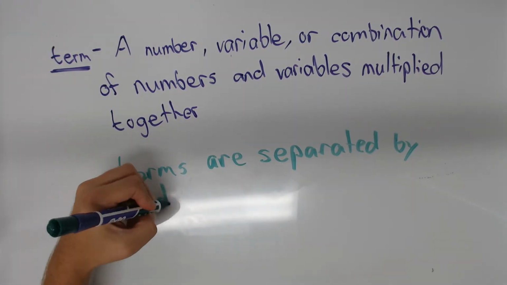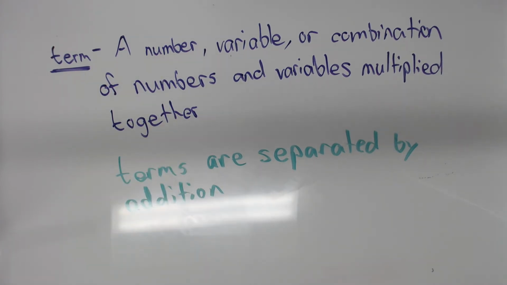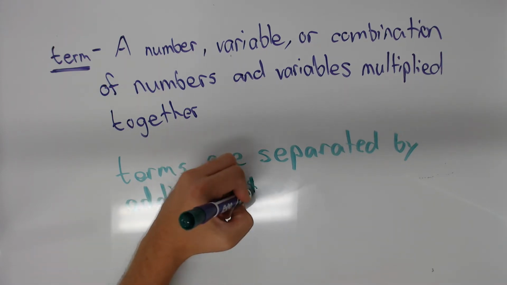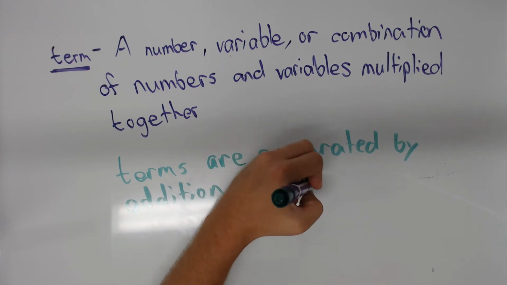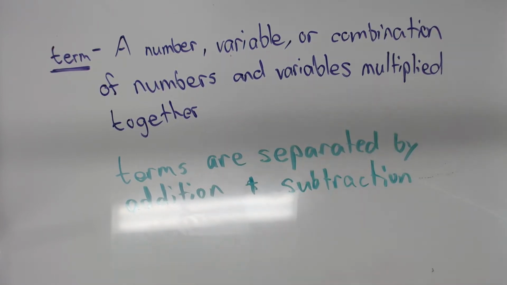With the exception of parentheses in problems, when there's parentheses, the parentheses are part of the whole bigger term. With the exception of that, addition and subtraction signs are what tell you that two things are separate terms. So we'll do a quick example where we identify how many terms are in a few different expressions.